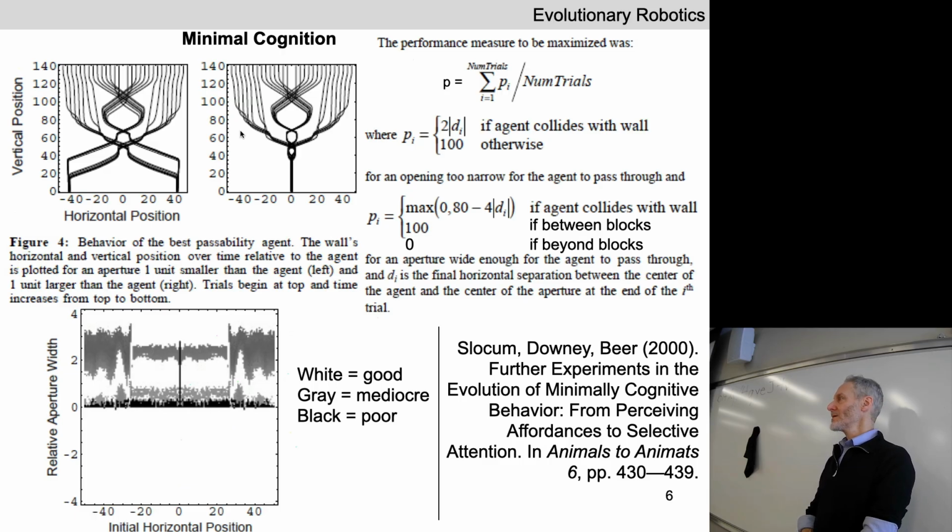What do the recurrent connections in a neural network give the robot the opportunity for? For memory.